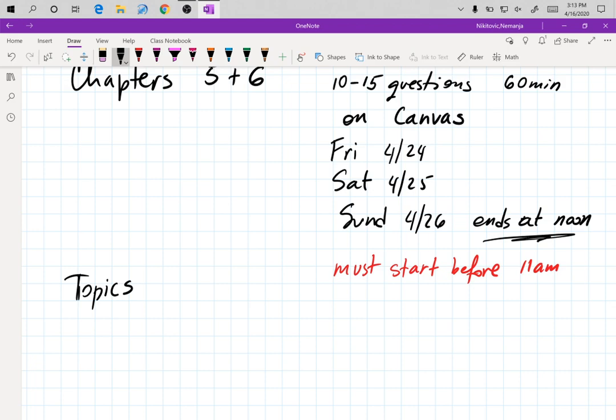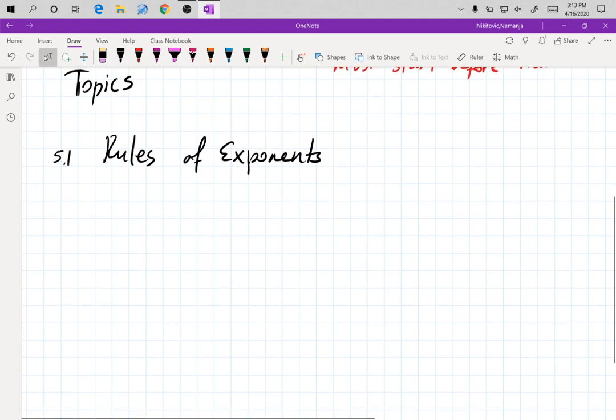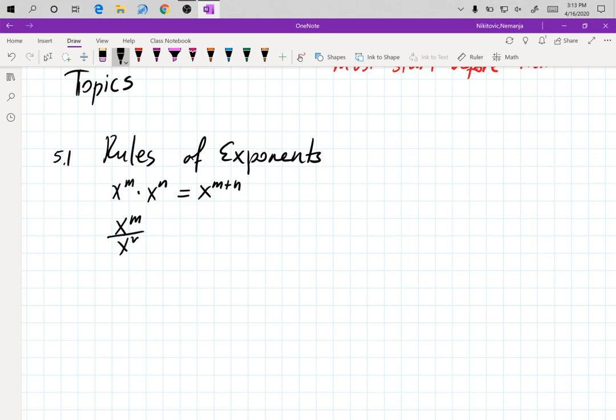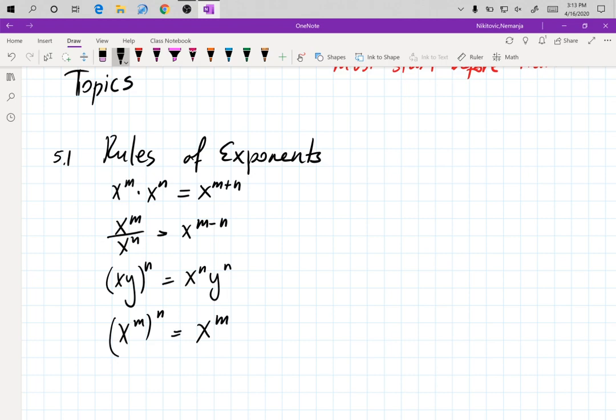So in 5.1 we learned rules of exponents. This is where you need to know that x to the m times x to the n is x to the m plus n. x to the m divided by x to the n is equal to x to the m minus n. (xy) raised to the n is x to the n, y to the n. (x to the m) to the n is x to the m times n.